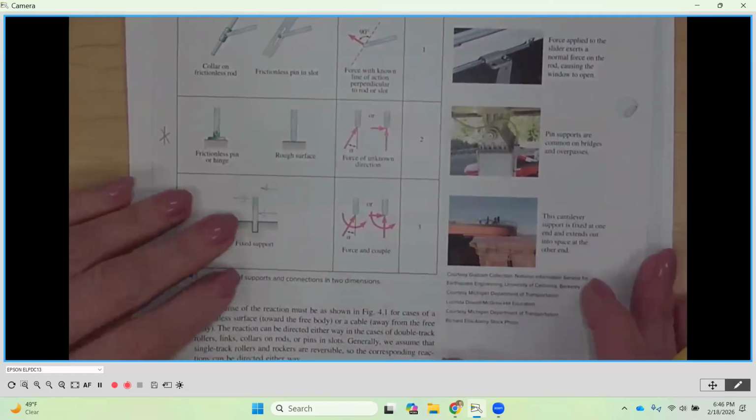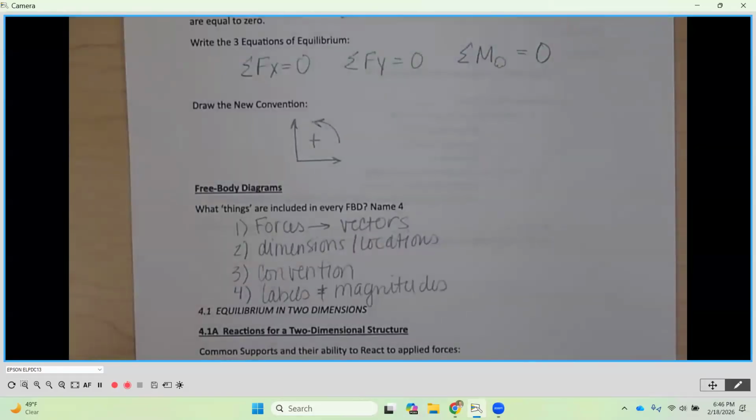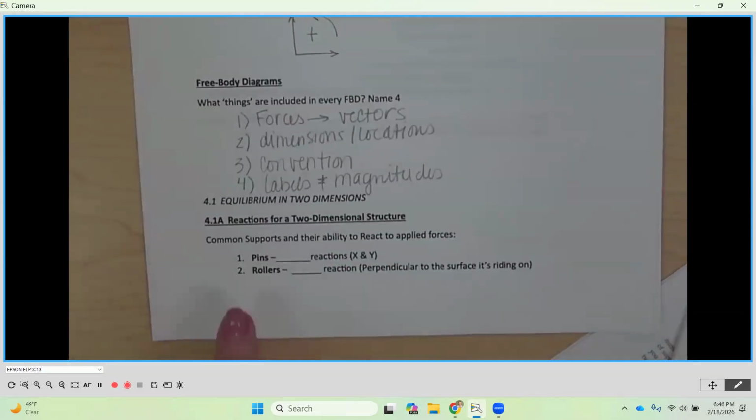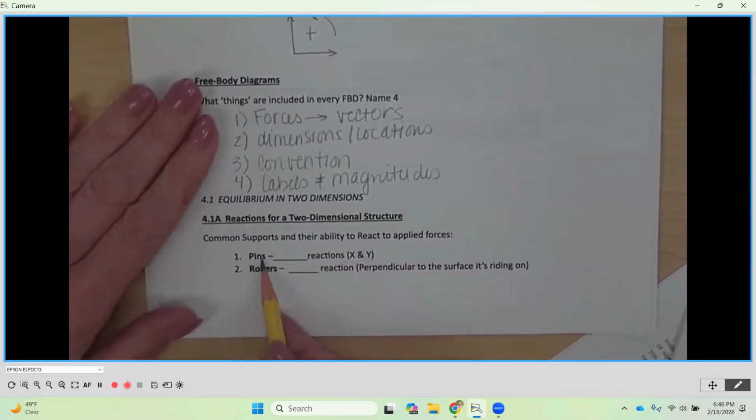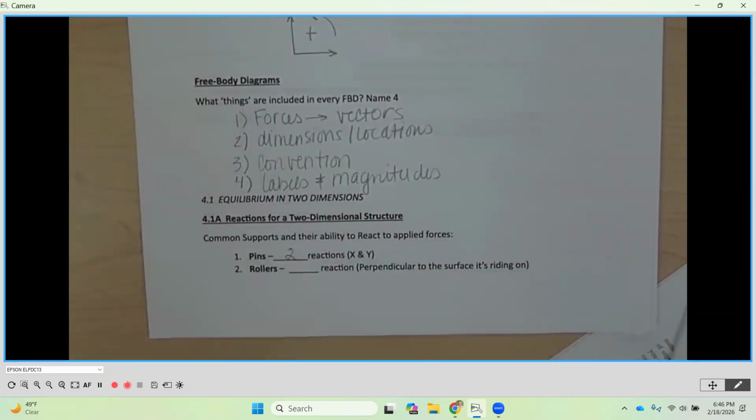So if we look back here, and you'll reference back to this page 160, in the next section it says common supports and their ability to react to applied forces. So pins, there are going to be two reactions, one in the X and one in the Y, always. So if we have a pin, for instance, at point A, that means that we're going to have an AX and an AY.